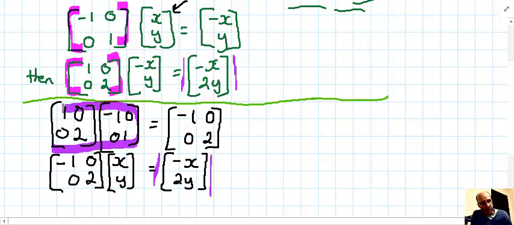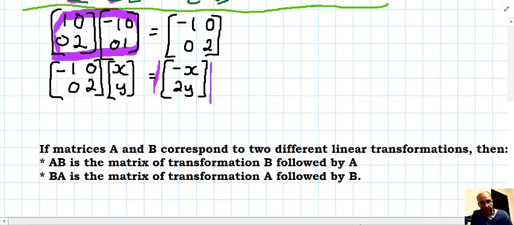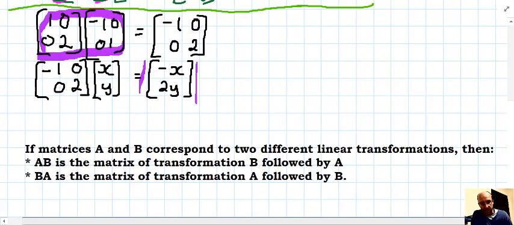Now the order is important, and it's to do with the pre-multiplying you see above. So in summary, we can say that if matrices A and B correspond to two different linear transformations, just like we showed in the example, then AB is the matrix of transformation B followed by A. Notice that it's in the opposite order to the way the two letters of the operations are listed.